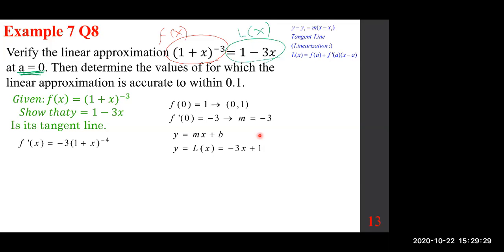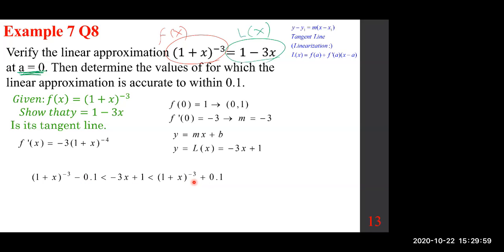First and foremost, we want it to be accurate within a certain amount, so we add and subtract this one. We want 1 minus 3x, or minus 3x plus 1, however you want to put that, it doesn't matter. We put it in descending order here. So this one, we want it to be the same as this one, but within 0.1, so minus 0.1 and plus 0.1.